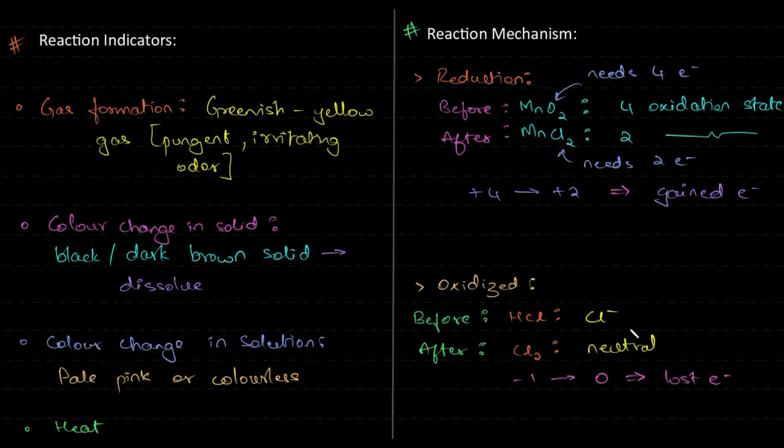Is it not? And when all of this reaction happens, then you have Cl2, right? Chlorine gas. And Cl2 means it is neutral. It's sharing and all of that. It is non-polar covalent. So it lost electron. From negative to 0 means what? It's losing electron. And this is nothing but an oxidized form.